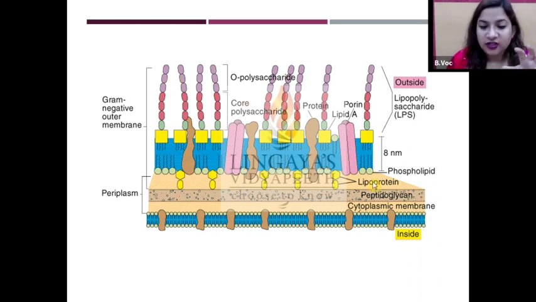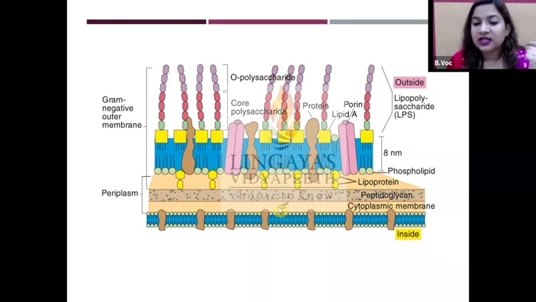So here you will see the peptidoglycan layer is thin and the cells in this peptidoglycan layer are loosely packed. It also consists of lipoprotein, phospholipids, and the lipopolysaccharide layer, which consists of porin protein, O polysaccharide, and the core polysaccharide. From outside it looks like this, and from inside it looks like this.